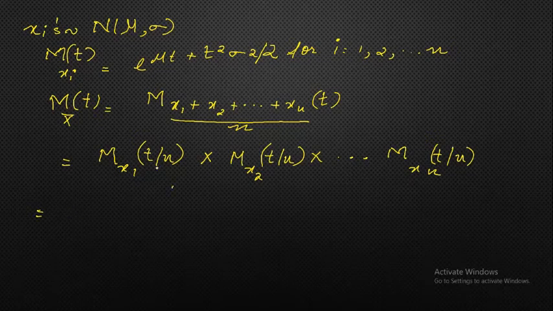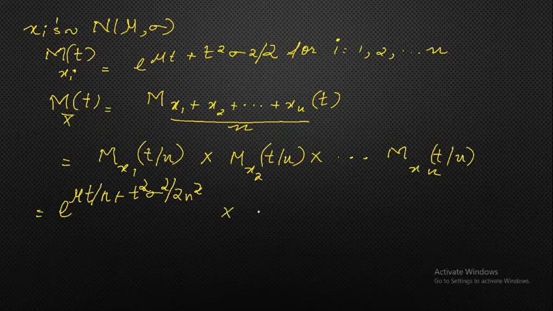Now what is M x1 at t by n? It is nothing but e raised to mu t by n plus t square sigma square divided by 2n square.